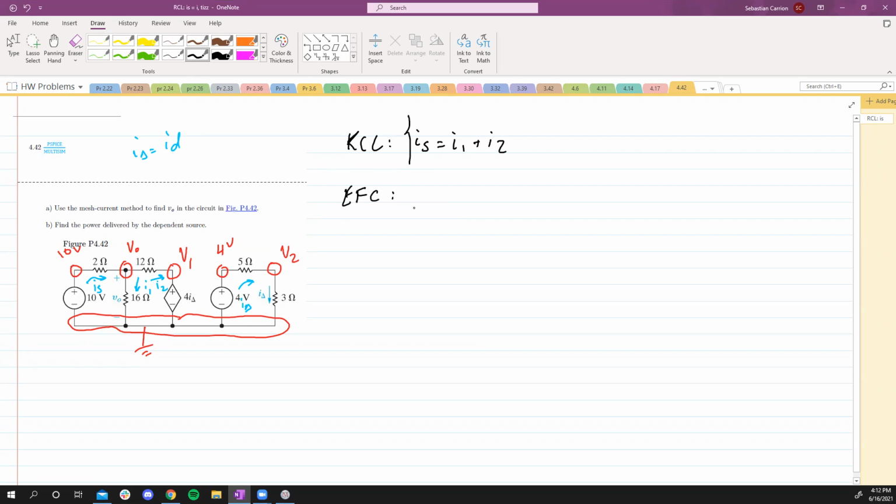Equations for components. So we know right off the bat IS is 10 minus V naught over 2. I1 equals V naught over 16. I2 is V naught minus V1 over 12.